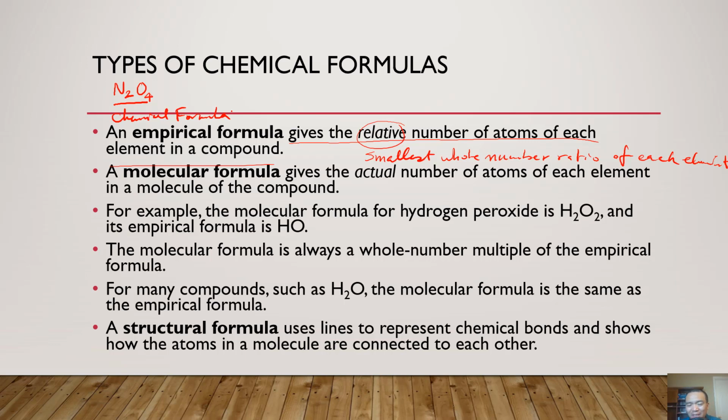So what is the empirical formula? The empirical formula would be the most simple ratio. So if we divide 2 by 2 for each atom, you would end up with N1, which 1 is not written, so it would be NO2. NO2 would be the empirical formula.